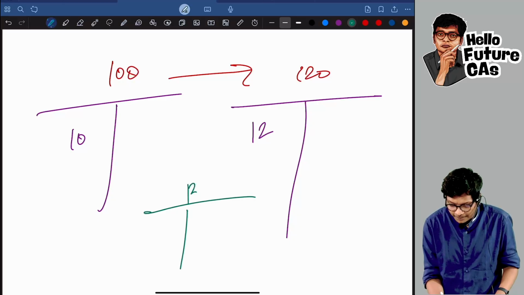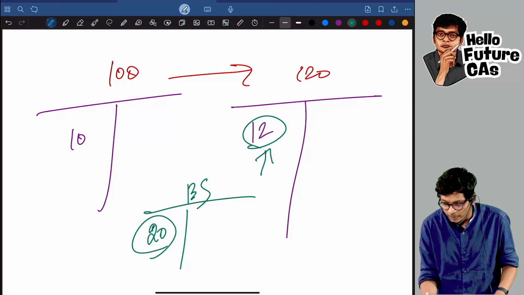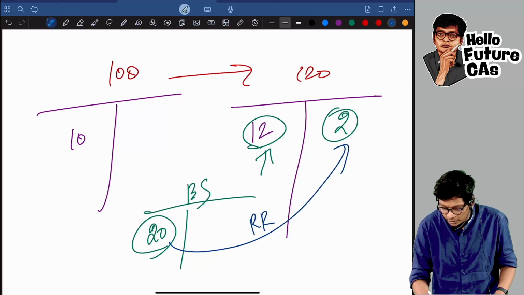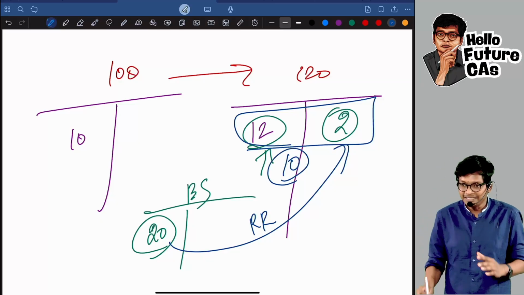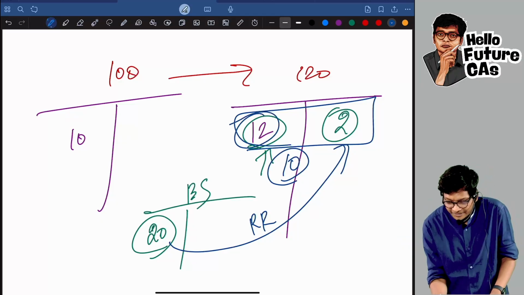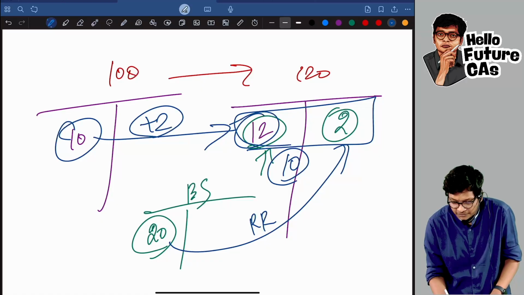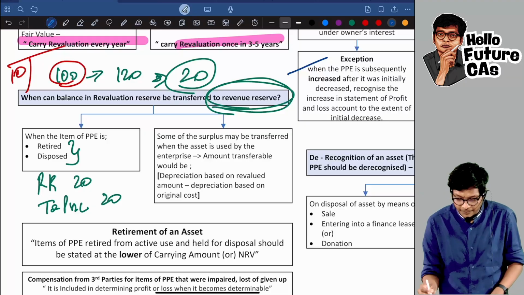Therefore, from my balance sheet revaluation of 20, whatever is the increase, how much, guys? 2. This 2 I will transfer from revaluation reserve to P&L, so that the net effect will become 10. That means because of revaluation, if depreciation has increased from 10 to 12, such increase will be transferred back from reserve to P&L.